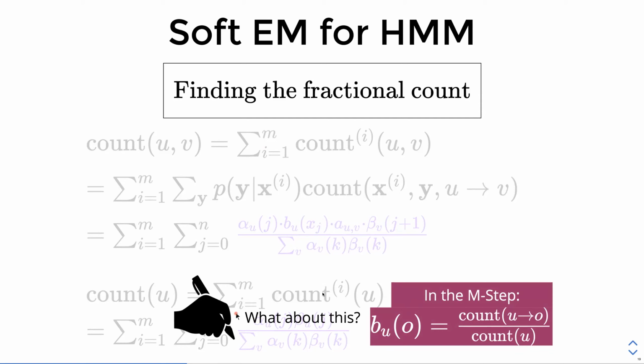Instead of telling you how to calculate this, you need to think about this problem by yourself. The answer is you can also rewrite this in terms of alpha and beta, but how exactly are you going to do it? That's something you need to think about.